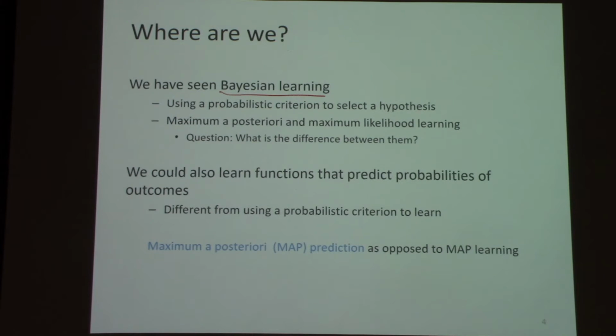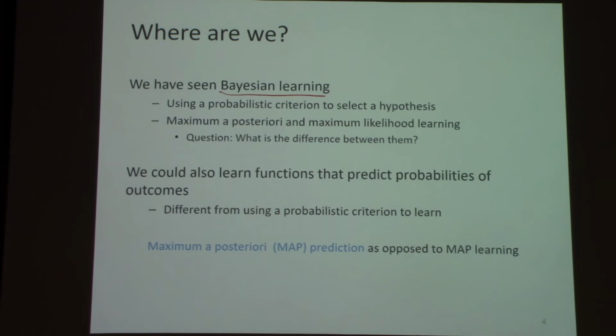Instead, your hypothesis space itself could predict probabilities, and you can use these probabilities to pick a label. You could ask for the most probable label given a particular hypothesis. This is called maximum a posteriori prediction. It's different from maximum a posteriori learning.